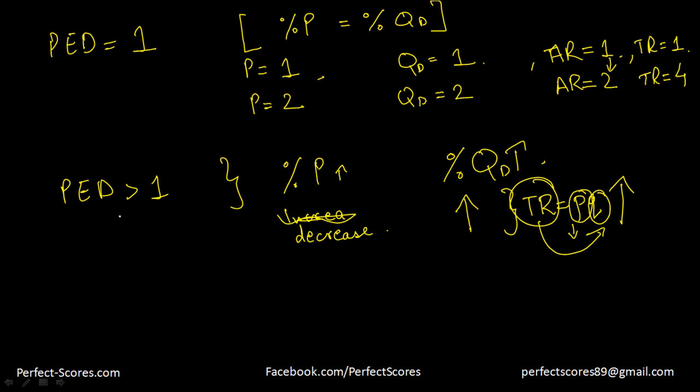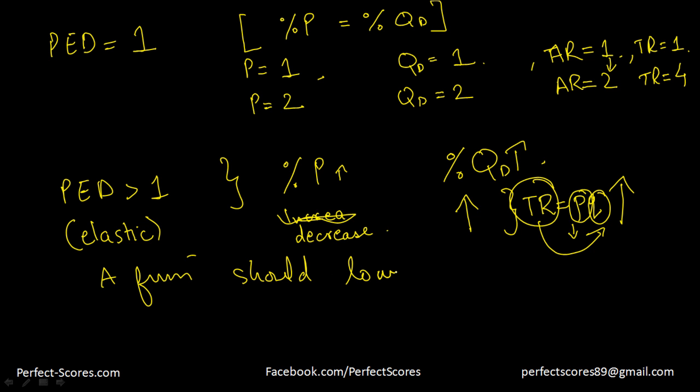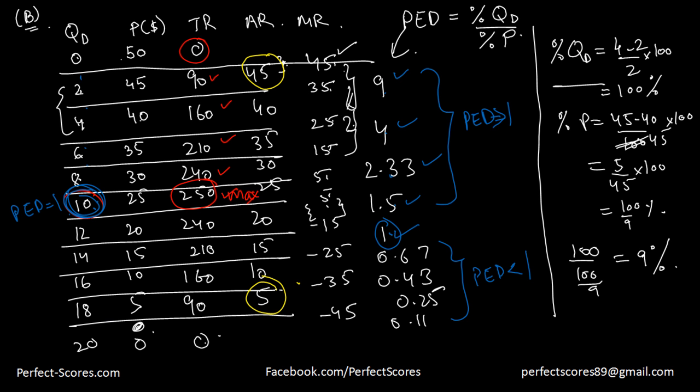So when price elasticity of demand is greater than 1, or in other words, if the price elasticity of demand is elastic, a firm should lower its price, right? Let me show you an example. Let's suppose that the price is $5. Let's see it from this curve graph over here.